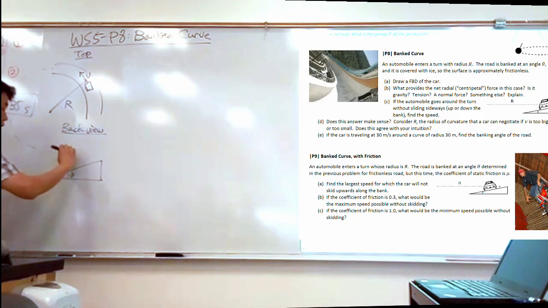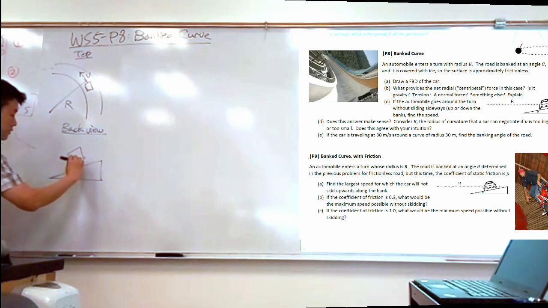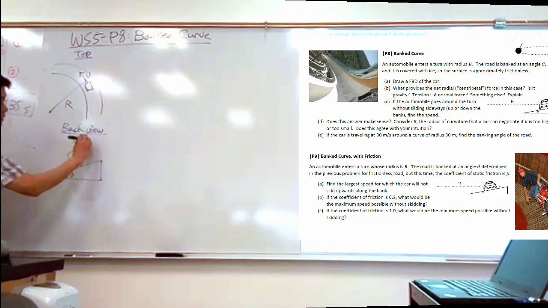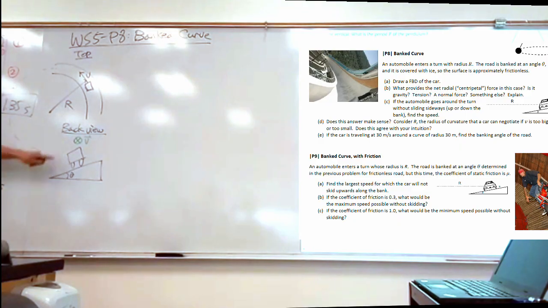And this is the view of the car from behind with the tires and whatnot. I think I explained this notation earlier. If we are describing the velocity of the car, we would describe it with this symbol here. Everyone remember this symbol? It means a vector pointing into the board. So that's the velocity of the car in this back view.